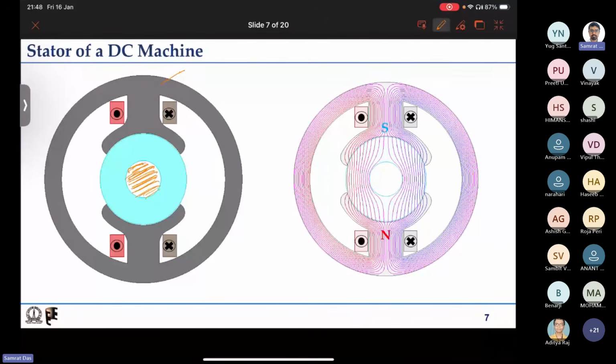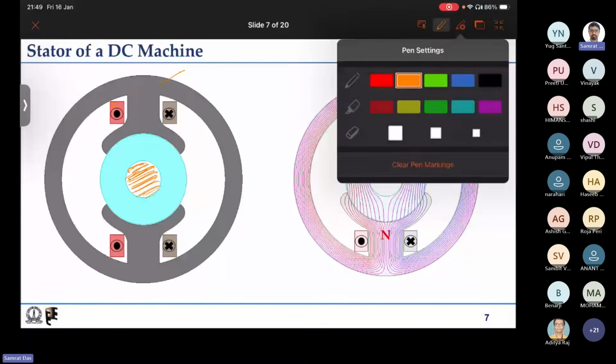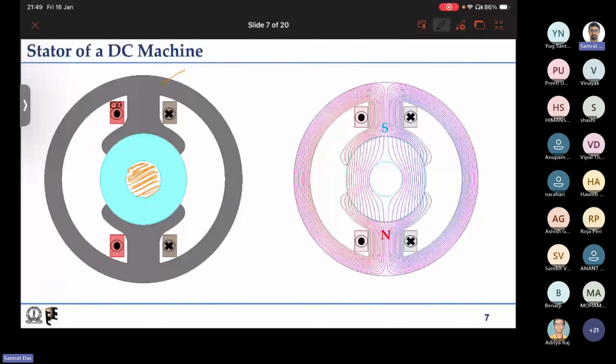That is why I have kept this vacant for magnetic representation. And here we have a certain number of turns, say dot conductors, and everything I am clubbing and representing with some box of dot.